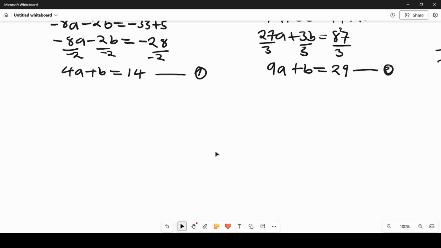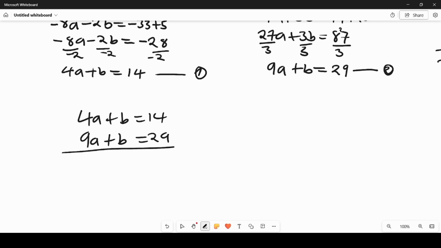Elimination, substitution, graphical method, using a system of linear equations, or using matrices. But let me write them here. We have 4a plus b is equal to 14, and we have 9a plus b is equal to 29. Obviously here it's better to go with the elimination method. We're going to eliminate b as our variable of choice.